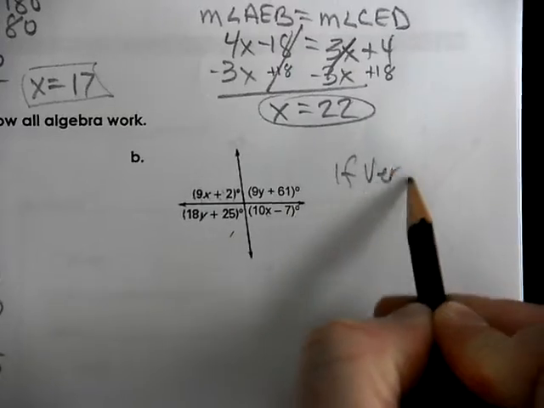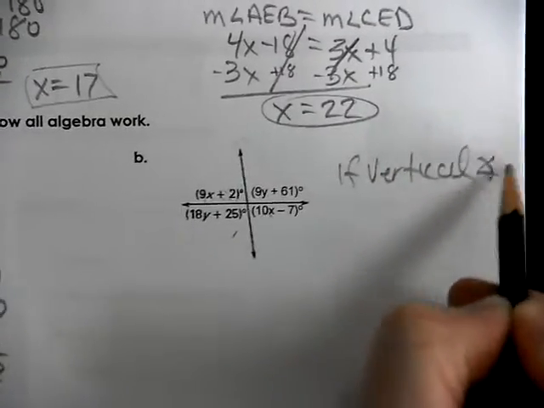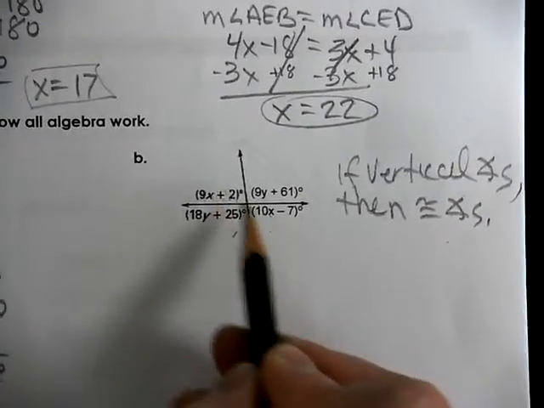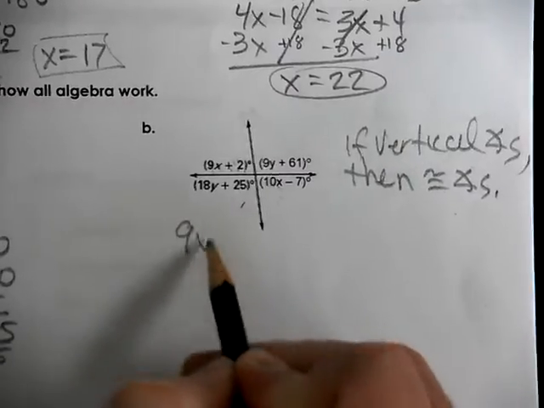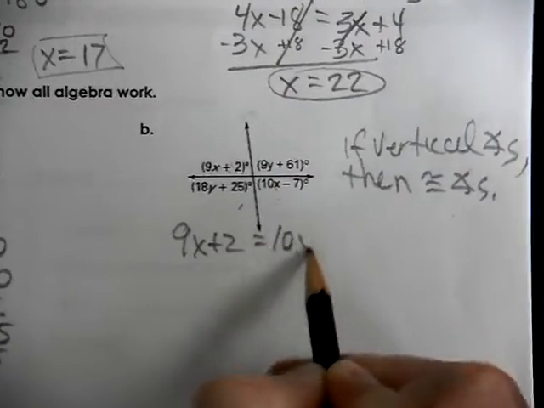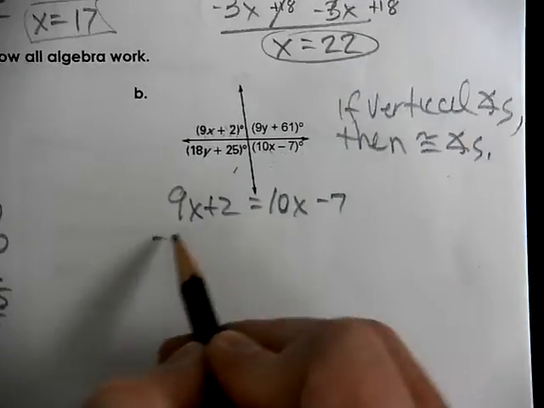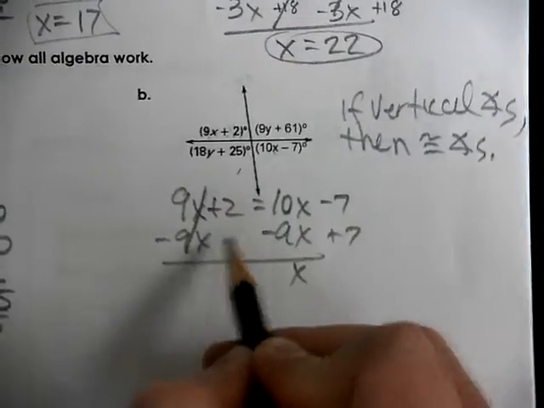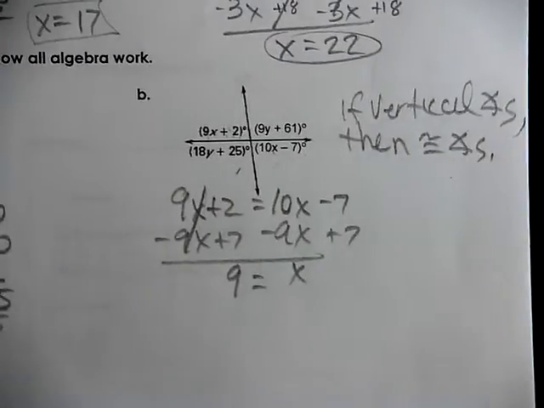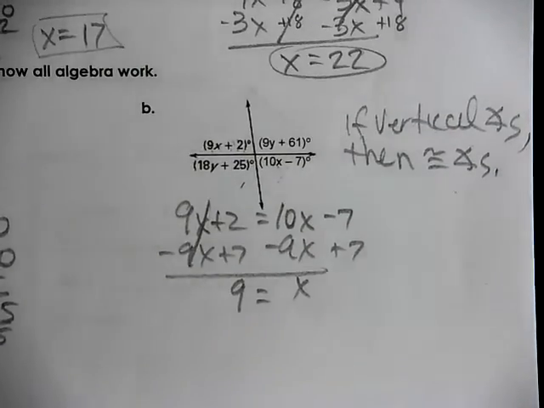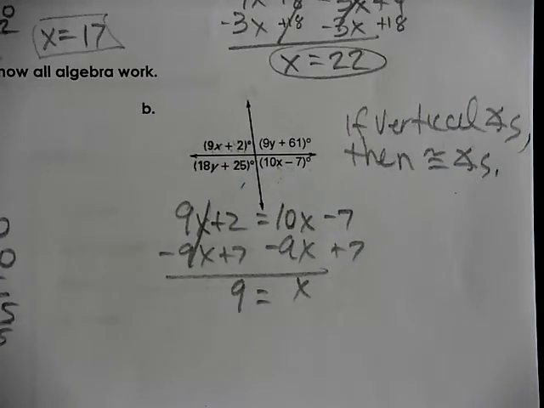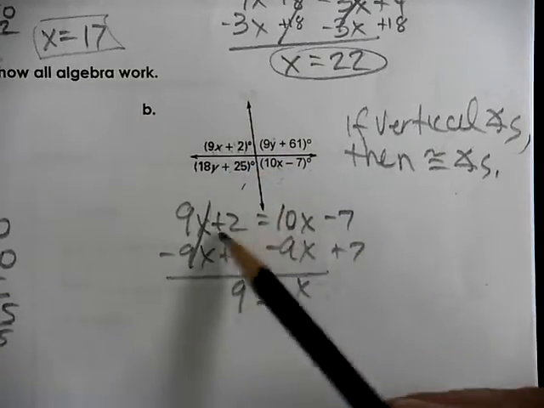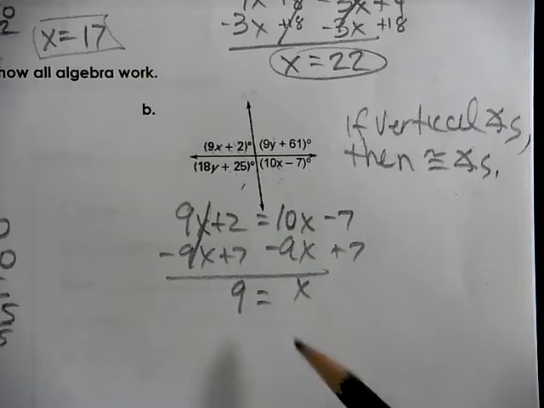If vertical angles, then congruent angles. So we can say that 9x plus 2 is going to equal 10x minus 7. That gives me x, add my 7, add my 7. So x has to equal 9. We could do the same thing with the y's. The y's are also vertical angles. So you would equal them to each other, and then you would solve your algebra.